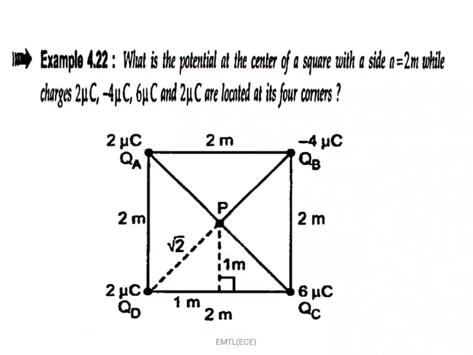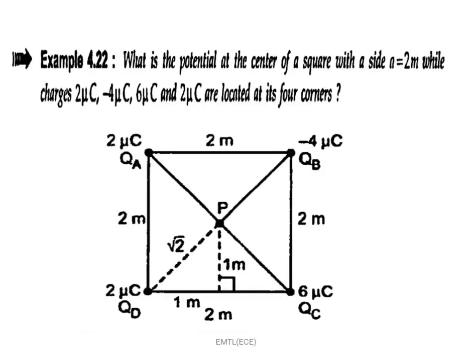What is the potential at the center of a square with a side a equal to 2 meters, while charges 2 microcoulombs, minus 4 microcoulombs, 6 microcoulombs, and 2 microcoulombs are located at its 4 corners.